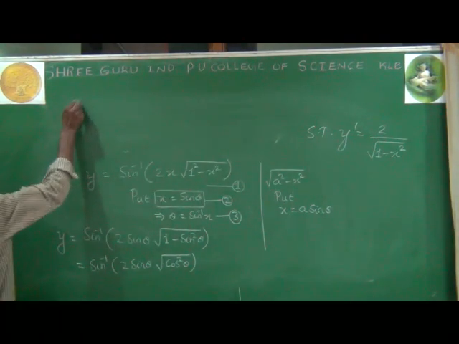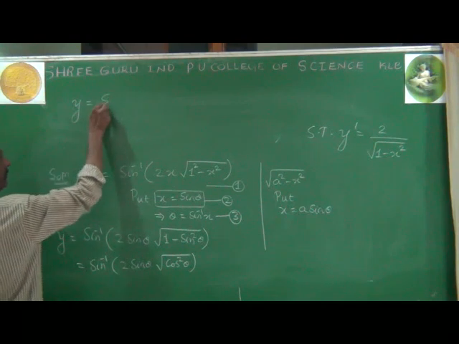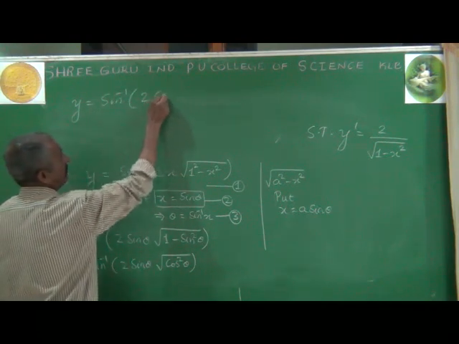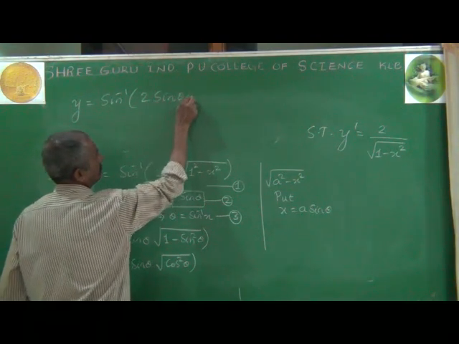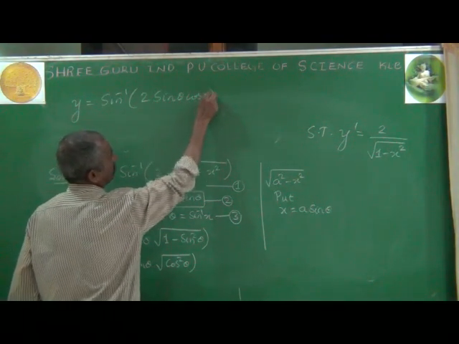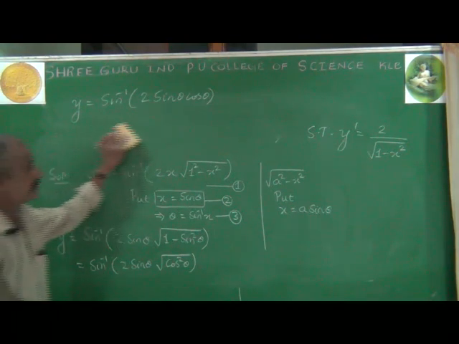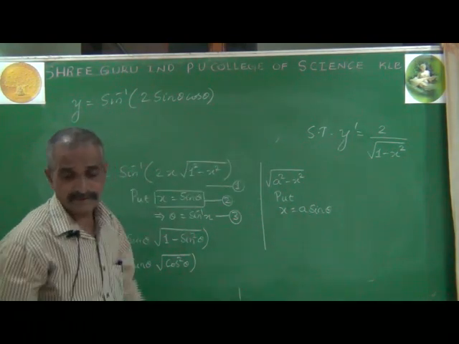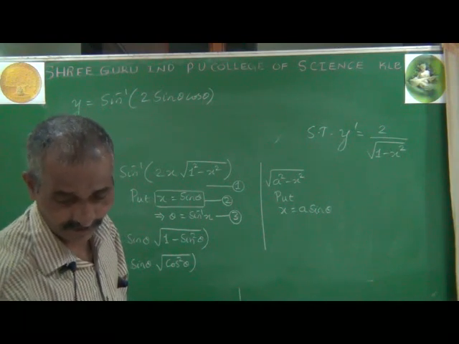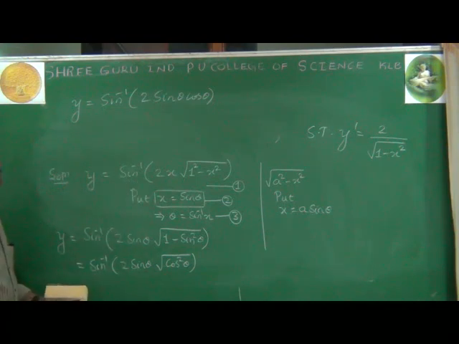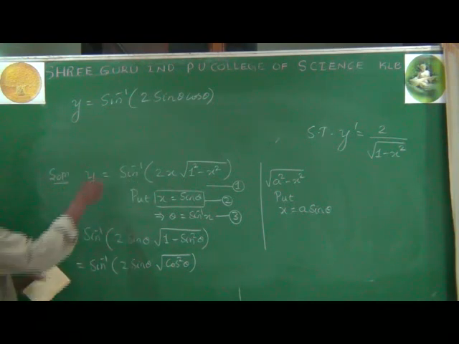That is y equals sin inverse of 2 sin theta cos theta. Now from multiple angle formulas of trigonometry, 2 sin A cos A is sin 2A, hence 2 sin theta cos theta is sin 2 theta.